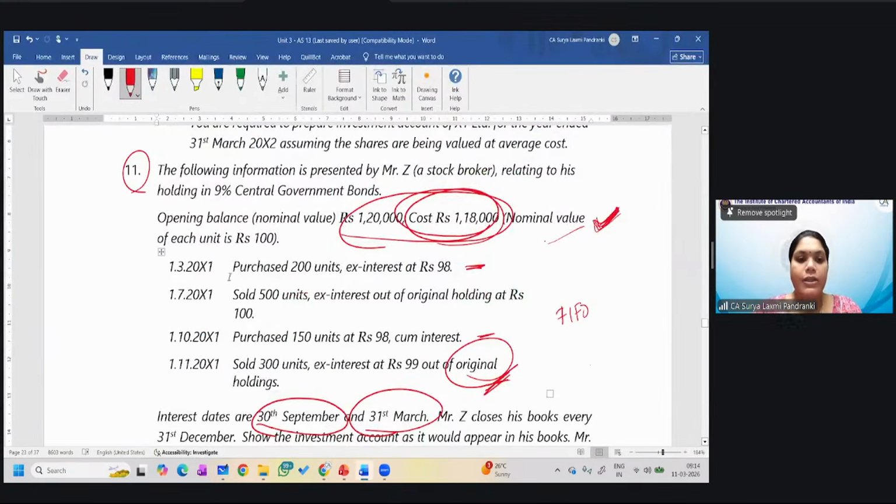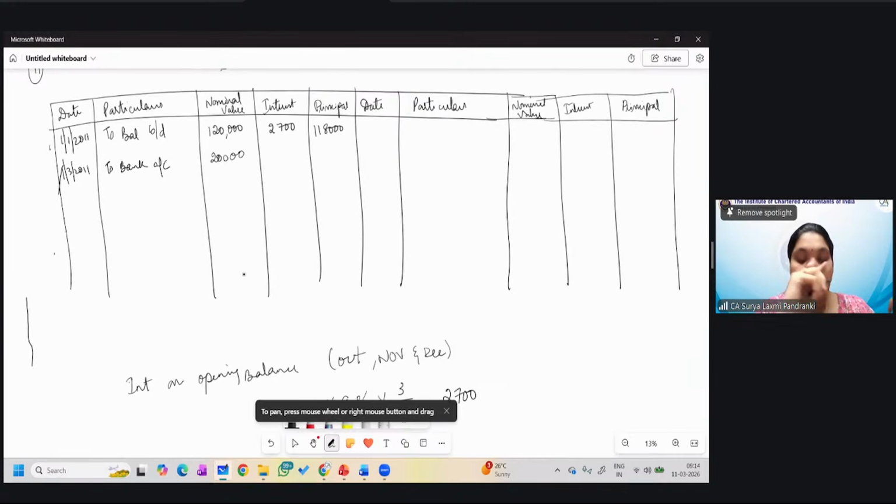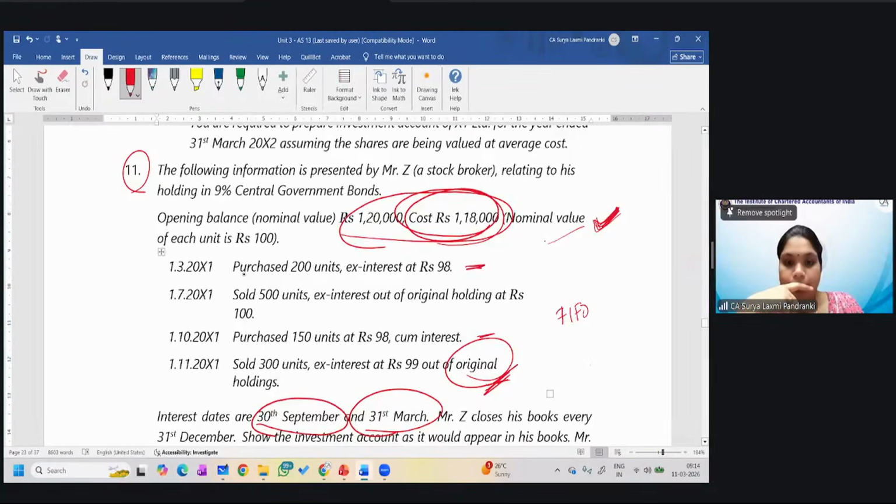Next, we have a purchase. Purchase is on 1st March 2011, which is for 200 units, and this will be a nominal value of 20,000. They told 100 each, and we have purchased it for how much? 98.